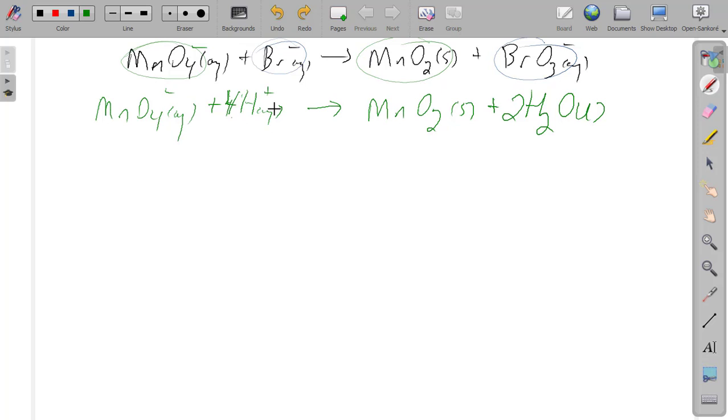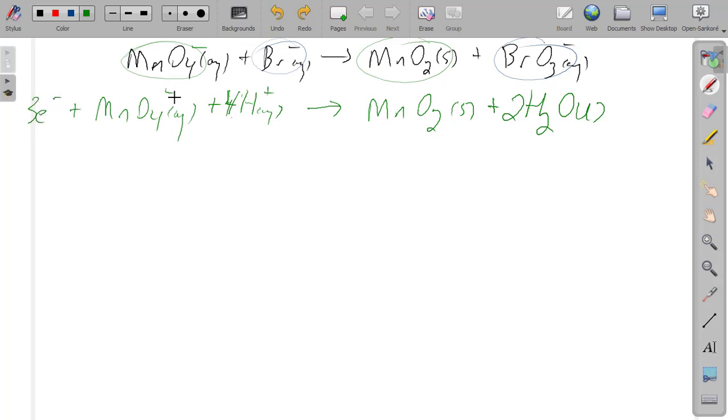Good. And then let's go ahead and charge balance it too. I have 1 minus and 4 positives, which means this side is overall 3 positive. This side, there are no charges. So the only thing I can do is reduce charge by adding electrons. 3 pluses versus 0, so the only way I'm going to get rid of those 3 pluses is to add 3 electrons.